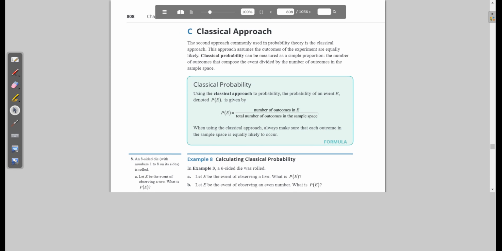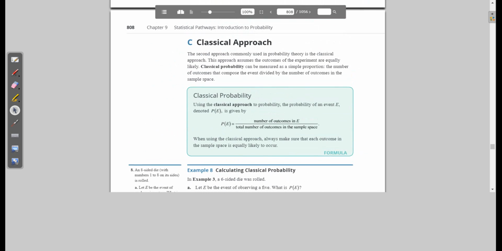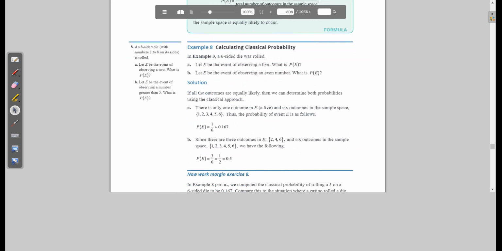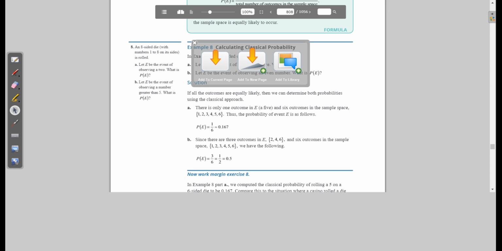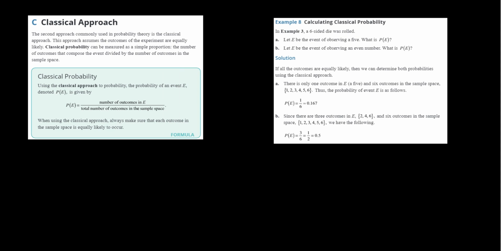Next up, we have a classical approach. We'll put this on the left side, and we'll put example 8 on the right side. So the second approach commonly used in probability theory is the classical approach.